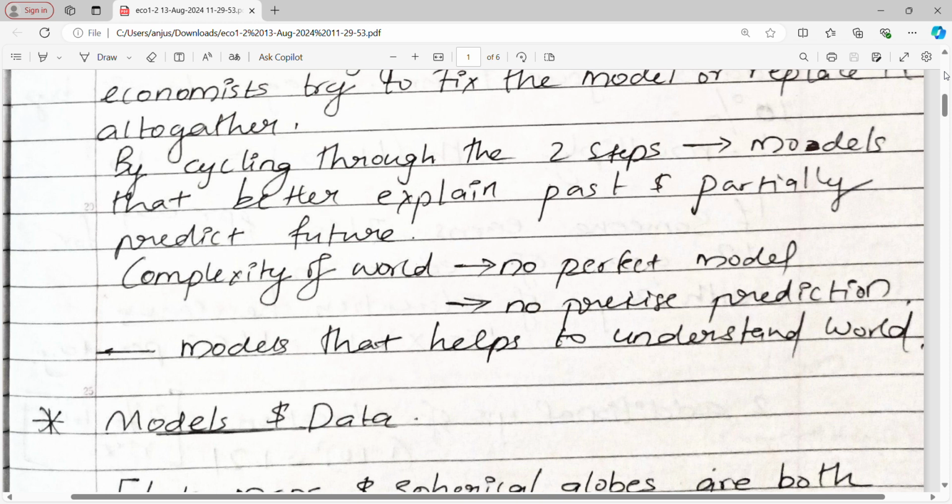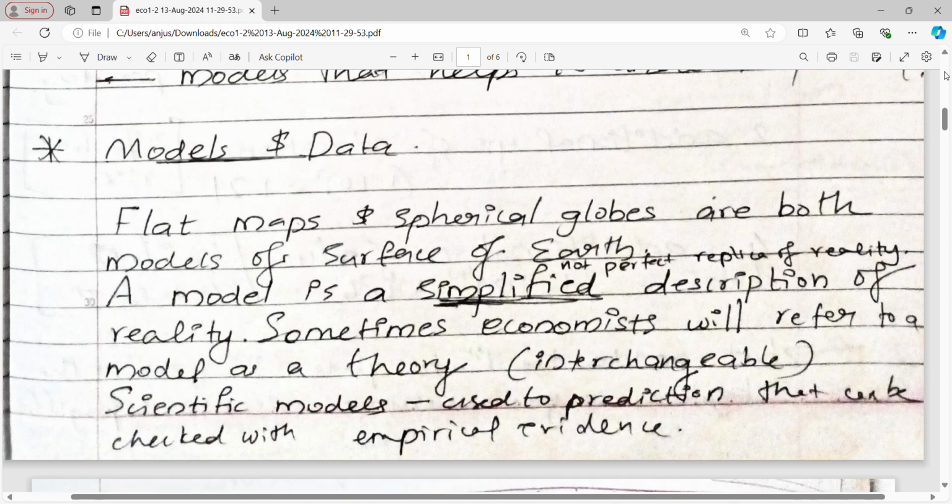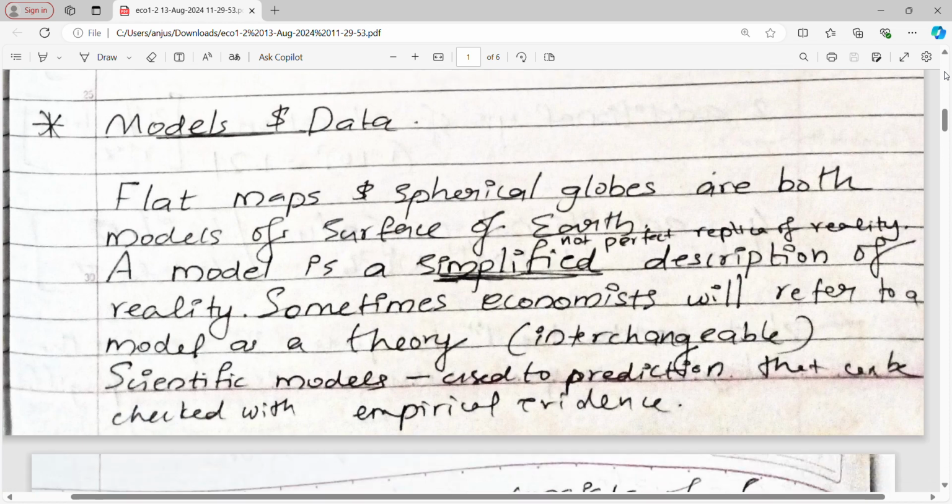We know the world is so complex. Because of that, no perfect model and no precise prediction can be made. Models just help us to understand the world. Next is models and data. Flat maps and spherical globes are both models of the surface of the Earth.